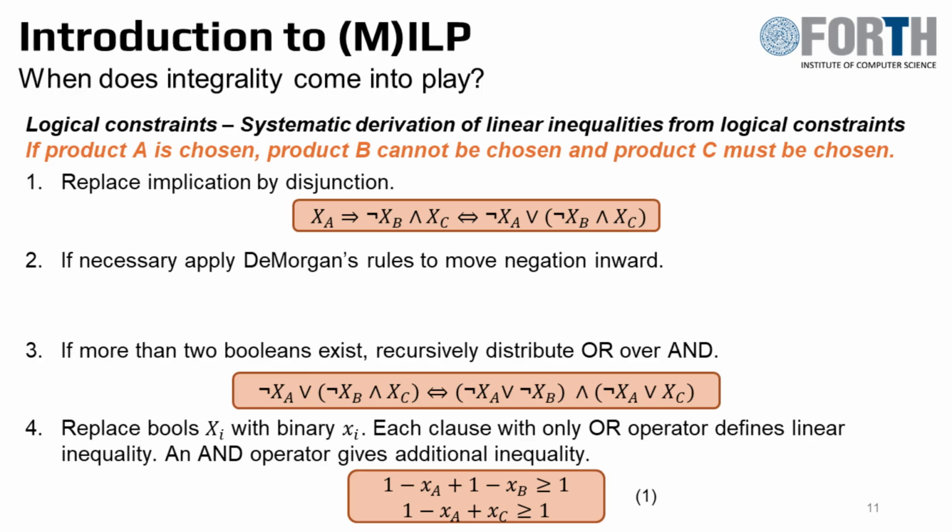And whenever you have an AND between clauses, that simply means you add additional inequalities, one per clause. As an example, here we illustrate how the logical constraint expressed as if product A is chosen, product B cannot be chosen, and product C must be chosen, can be translated into two linear inequalities, shown in equation 1.